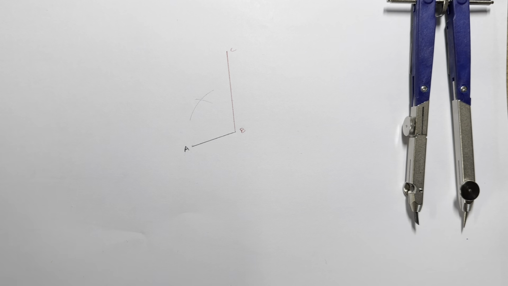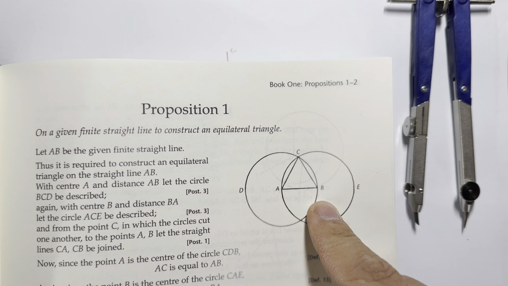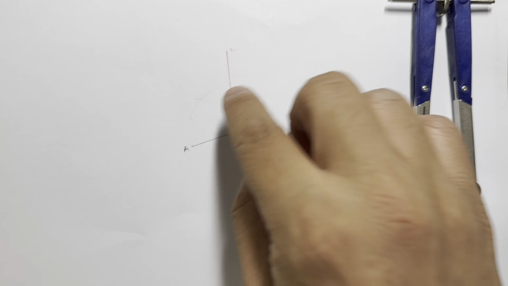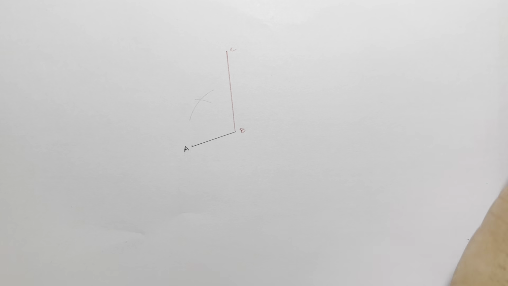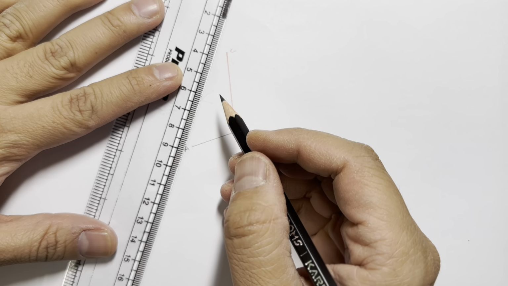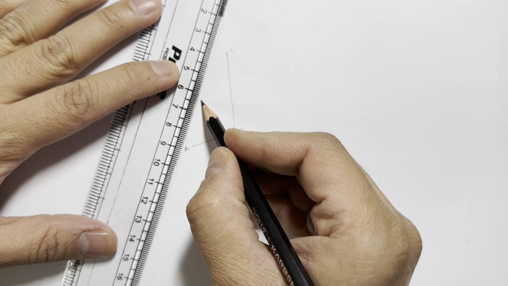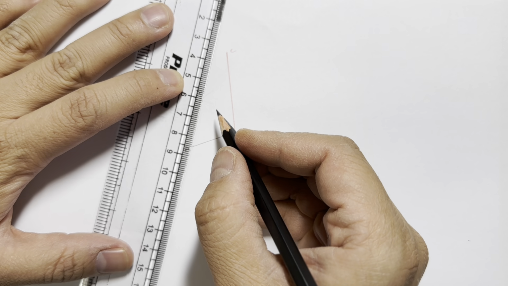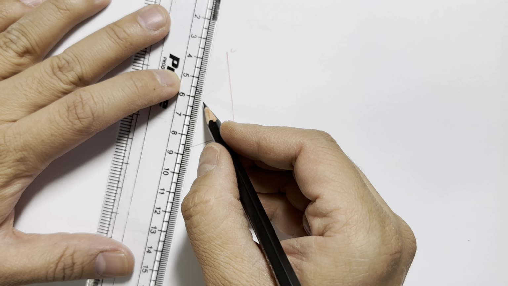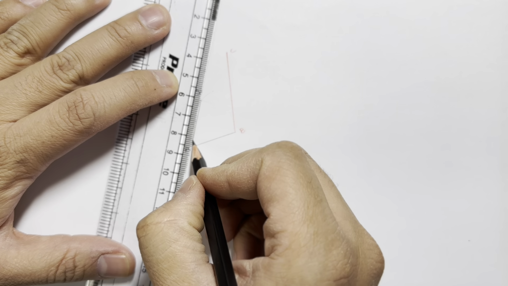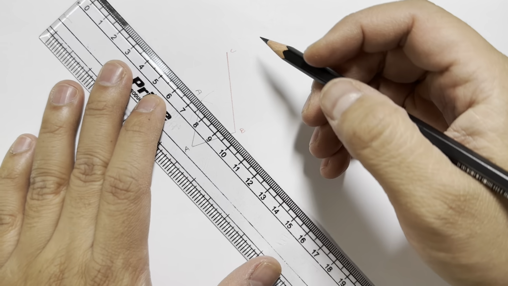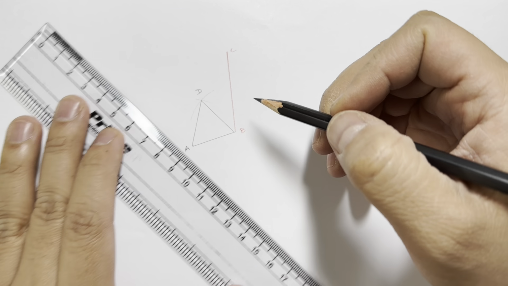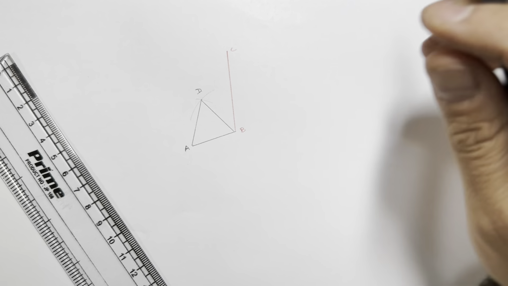In proposition 1, you could say we could have two circles, right? So I've just made this point with two arcs. And then these two arcs will join by two lines. So here's the point. Let's call it point D. So we have the equilateral triangle ADB.